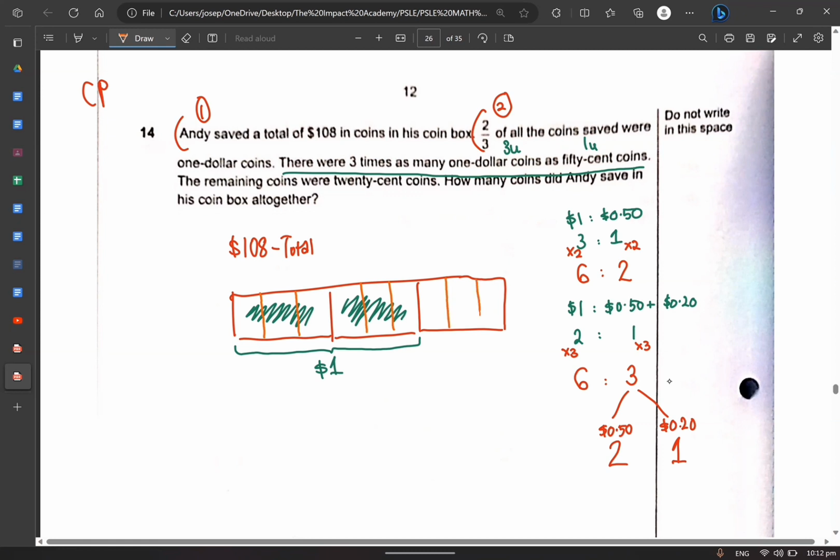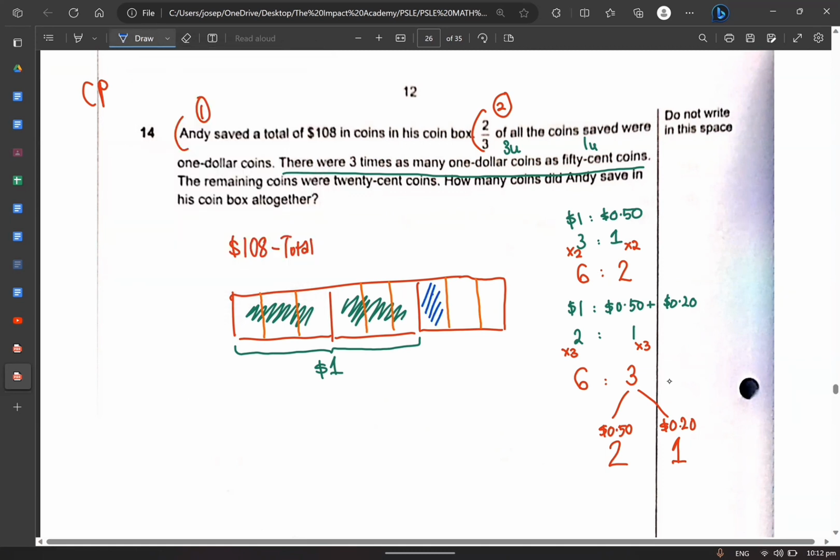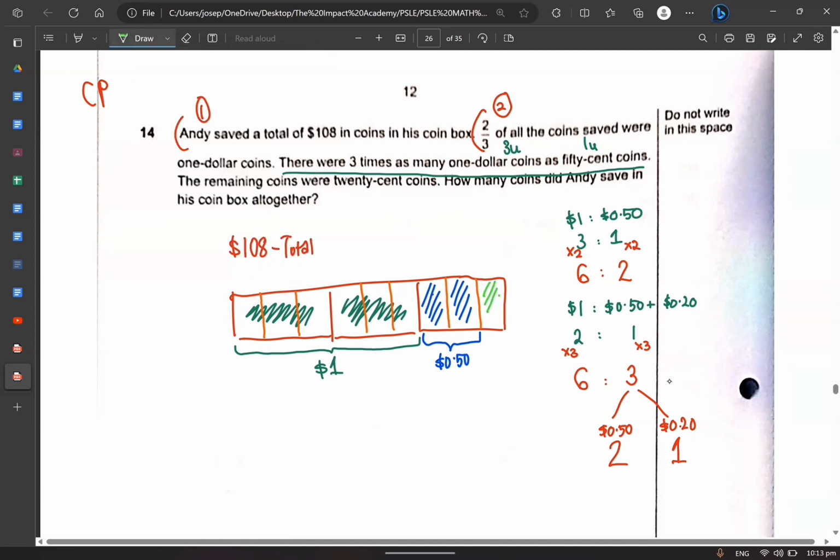When I do that, I know how many parts belong to 50 cents. We will shade two parts and say that this is 50 cents. Then for my 20 cents, I will shade one part and say that this is my 20 cents.